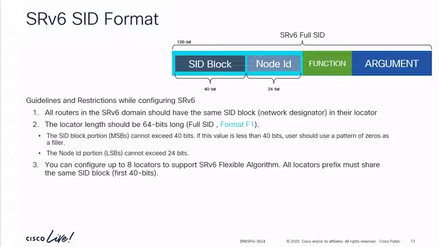Together, 64 bits identifies a node in your network. You will have a /64 prefix which identifies a specific router in the SRv6 network. Then we have a function, and then we have an argument.